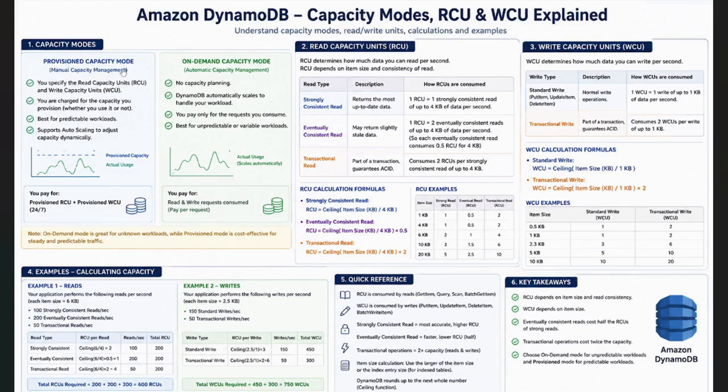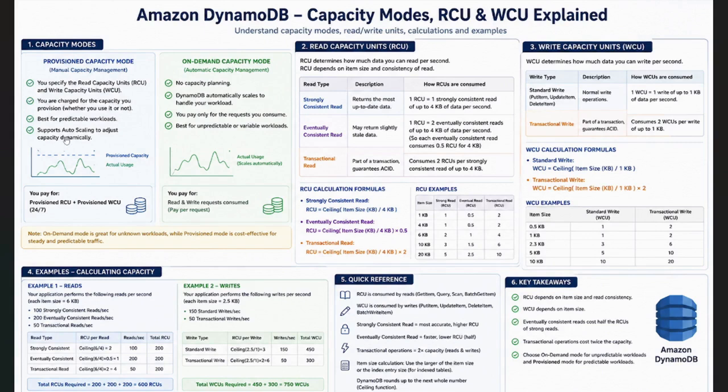So in the provisioned capacity mode, once you decide the RCU and the WCU, which is the read capacity units and write capacity units, you are charged for everything, whether you use it or not. So this is best for the predictable workload.